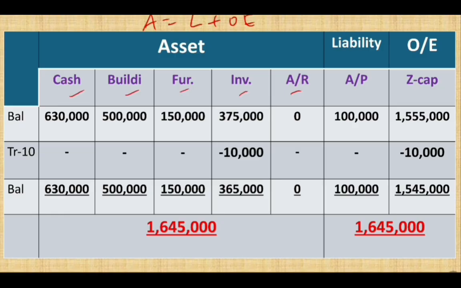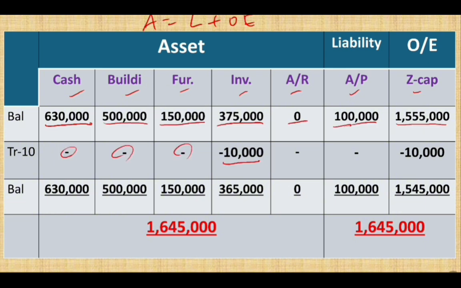So as usual, our basic equation is assets equal to liability plus owner equity. On the asset side, we have cash, building, furniture, inventory, and account receivable. Actually, account receivable went to zero in the previous transaction, and in the case of liability, we have account payable and Z capital.